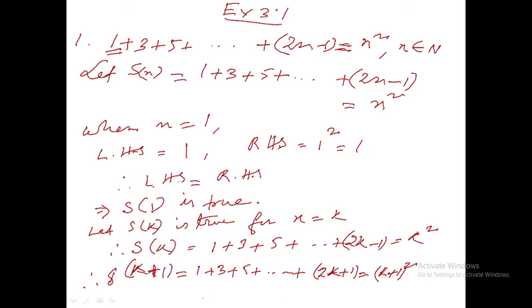Now the left hand side we shall solve here. Left hand side equals 1 plus 3 plus 5 plus dot dot dot, where the previous number will be twice k minus 1, and the last number is twice k plus 1.